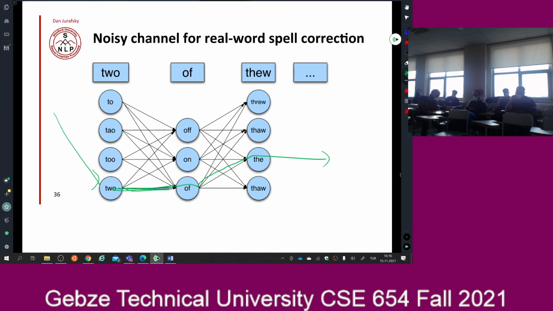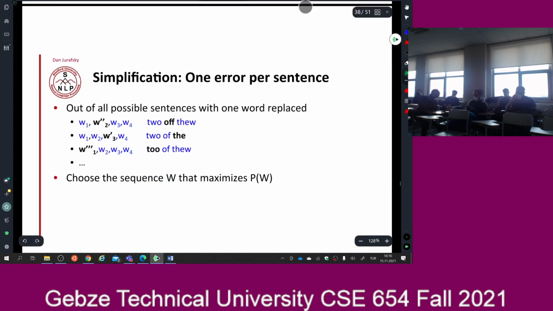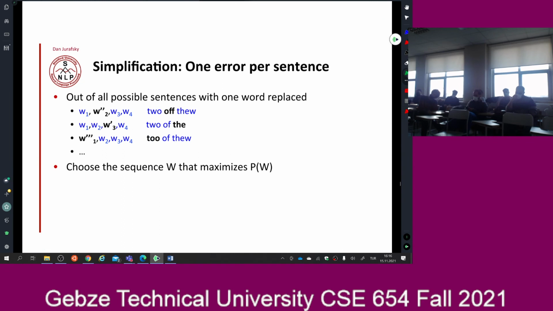That's not good. So some approximations. Some people say, why don't we use a simplification? Each sentence should have at most one incorrectly written word.